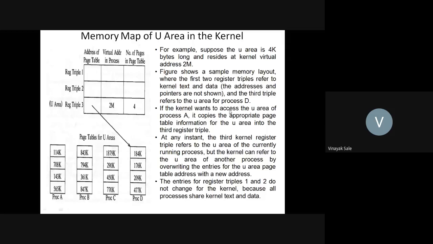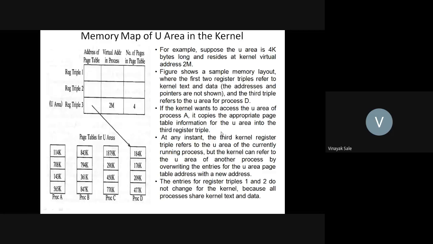If the kernel wants to access the user area of process A, it copies the appropriate page table for the user area into the third register triple.